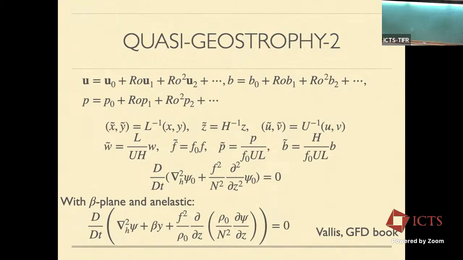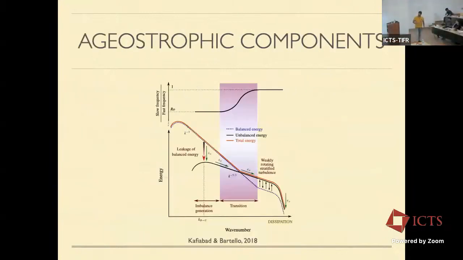And this has a lot of resemblance to the 2D turbulence model. This is the Q, which is the quasi-geostrophic potential vorticity. There's a lot of resemblance with the vorticity of the 2D turbulence, right? And one can understand why it forms these large-scale structures because of additional conserved quantities and so on.